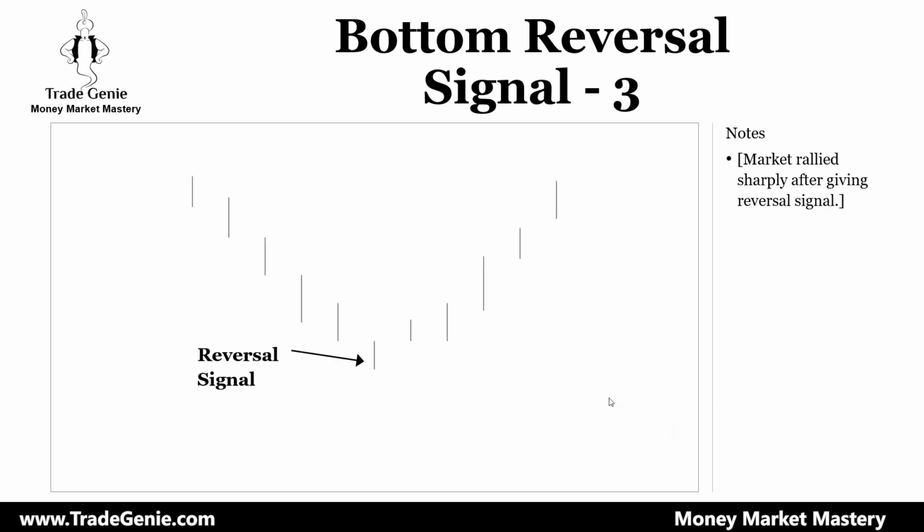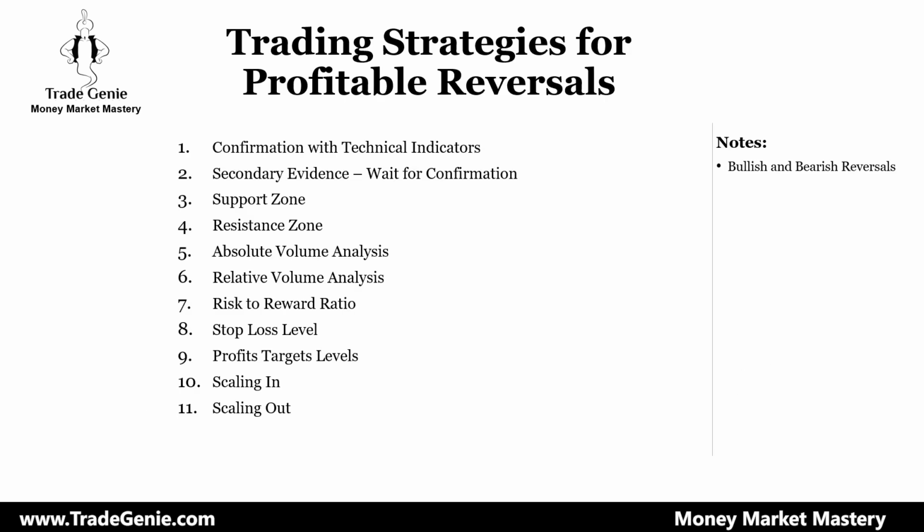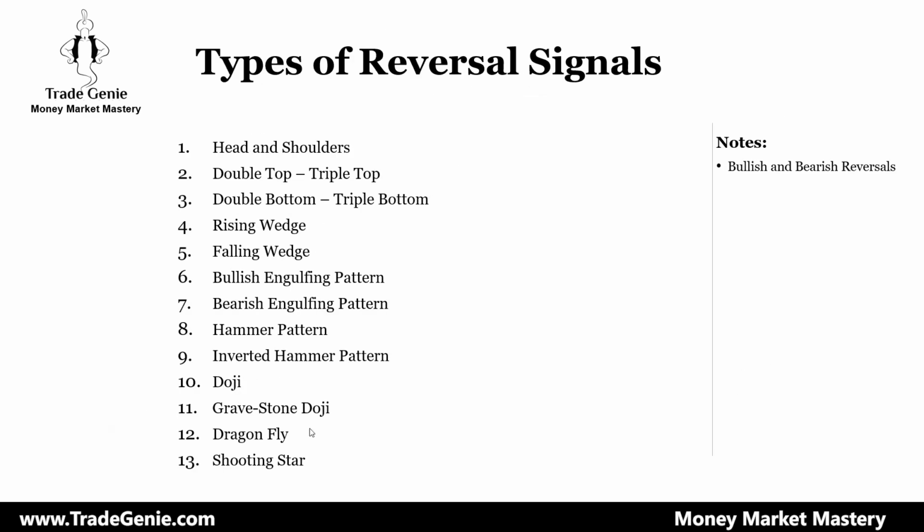The third version is a V-shape recovery. So the market is in downtrend. It also depends on the power, the importance of that reversal signal. So what kind of reversal signal was happening? We saw these 13, so there may be more. What kind of reversal signal appeared?